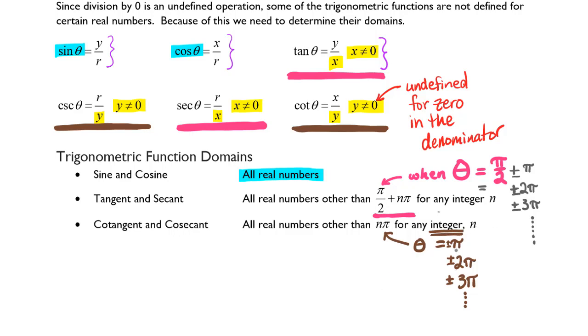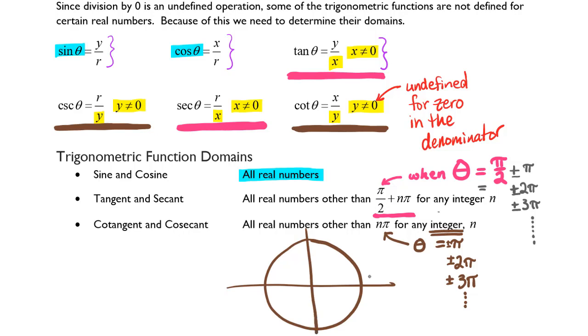And as you wrap through the angles, you will see that at pi, y is equal to 0, plus or minus 2 pi, plus or minus 3 pi, etc., y equals 0. So go ahead and try that on your own with both of these scenarios to see where the domain can and cannot exist.